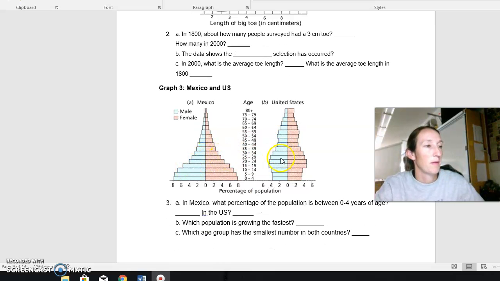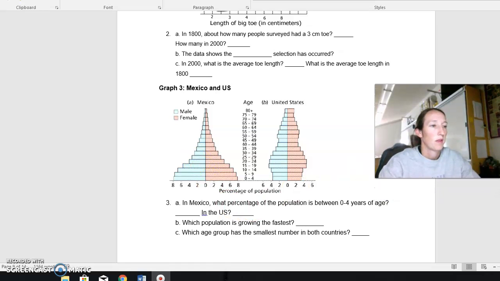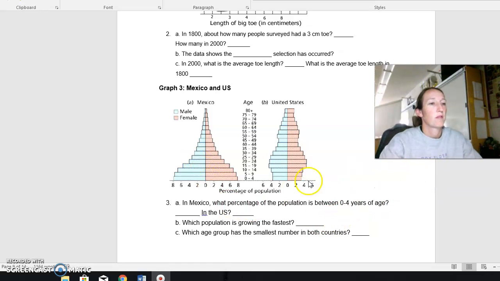We got the male, female, and what percentage of the population in 0 to 4 years of age is in, or what percent of the population is 0 to 4? All right, so if we look at this graph, here's the Mexico population, here's the United States, here's the girl side, this is the boy side. So it says what percentage of the population is between 0 to 4 years of age.